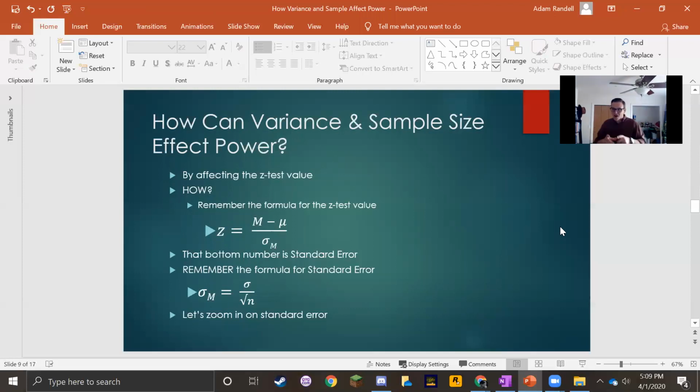Now, because of the basics of the math that we've talked about before, if we change variance, the top number, or change the sample size, the bottom number, we're going to change the size of standard error. And remember what we talked about earlier. Since standard error is the denominator, and because making the denominator bigger makes the quotient smaller, anything that makes the standard error bigger is going to make your z-test value, the quotient, smaller, all right?